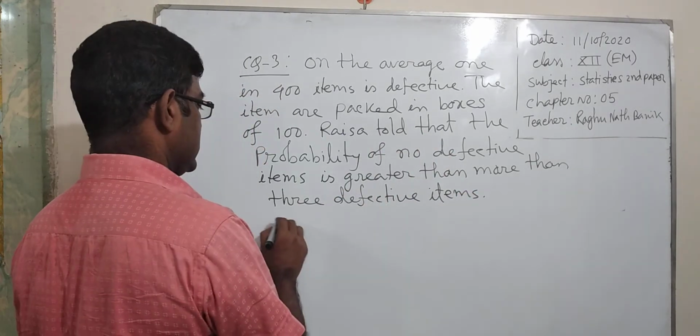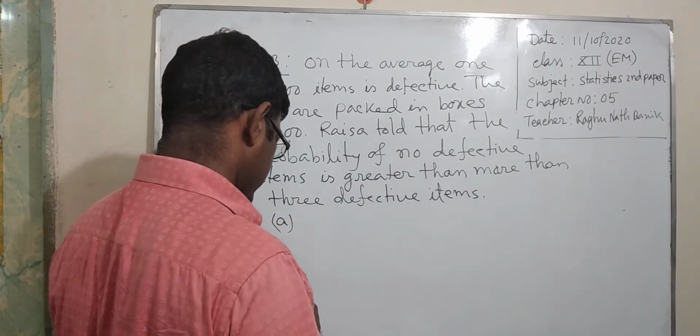At first question, what is the probability function of Poisson distribution?